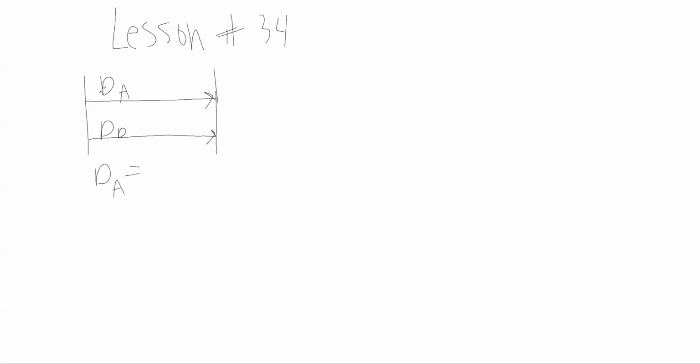So Amelia's distance and Destiny's distance are equal. We could have also said that Amelia's going one way and Destiny's leaving and going the opposite direction, right? But their distance is still equal. Okay, so here Amelia's distance still equals Destiny's distance.